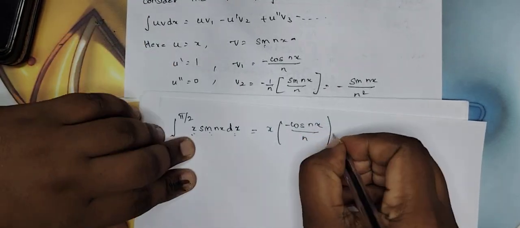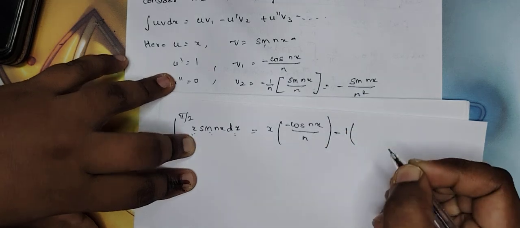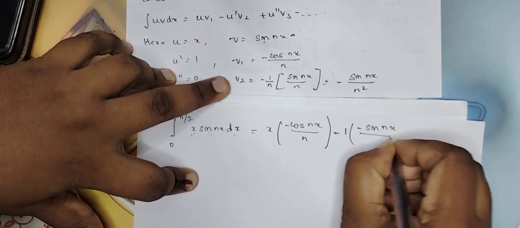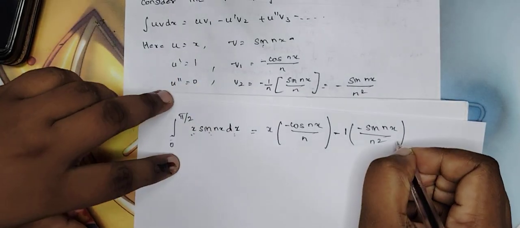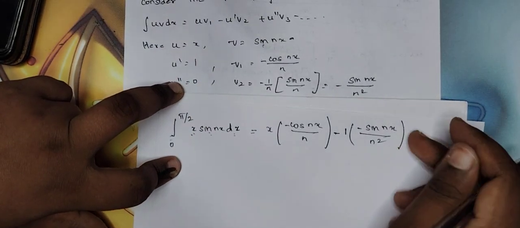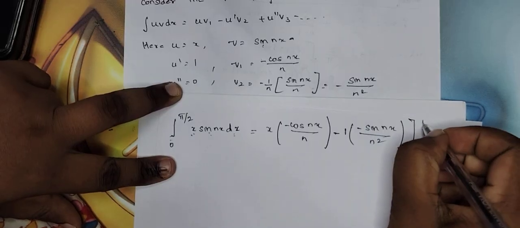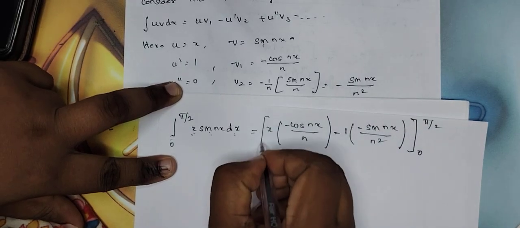Then minus u', whose value is 1, times v2, which is minus sin nx by n square. Then u'' value is 0, so the next terms are 0. So I'll leave it as it is, and the limits are 0 to pi by 2.